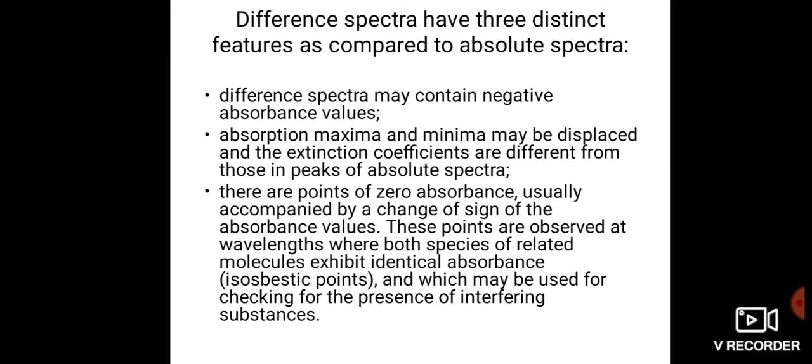It may contain negative absorption values also. Absorption maxima or minima may be displayed, and extinction coefficients are different from those for the peaks of absolute spectra. There are also points of zero absorbance.